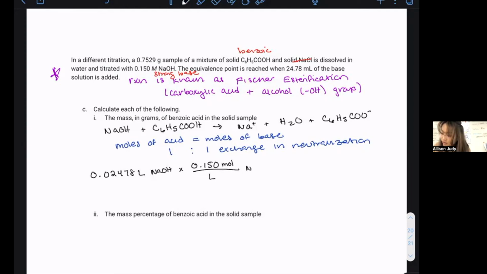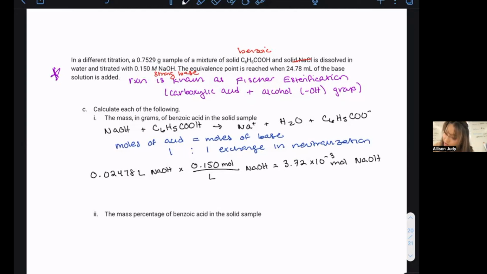And then we get a value of 3.72 times 10 to the negative 3 moles of NaOH.